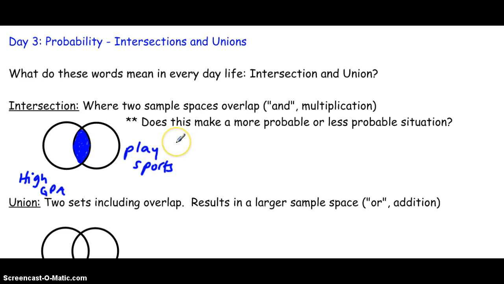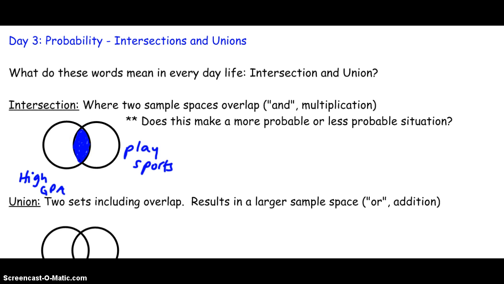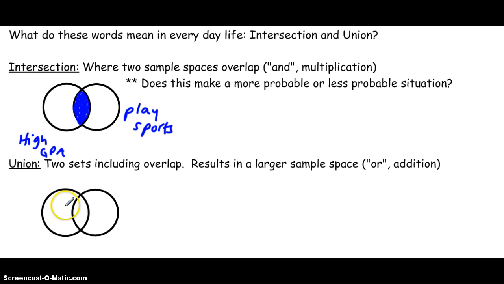So in this case, if I have an example that students have a high GPA, and they would be in this circle, plus the other sample space where they play sports, then the intersection of them would be this middle part where they have a high GPA and they play sports. The union would include everything. So for a union, we would have all of this section. So in this case, you would be adding when you have a union.